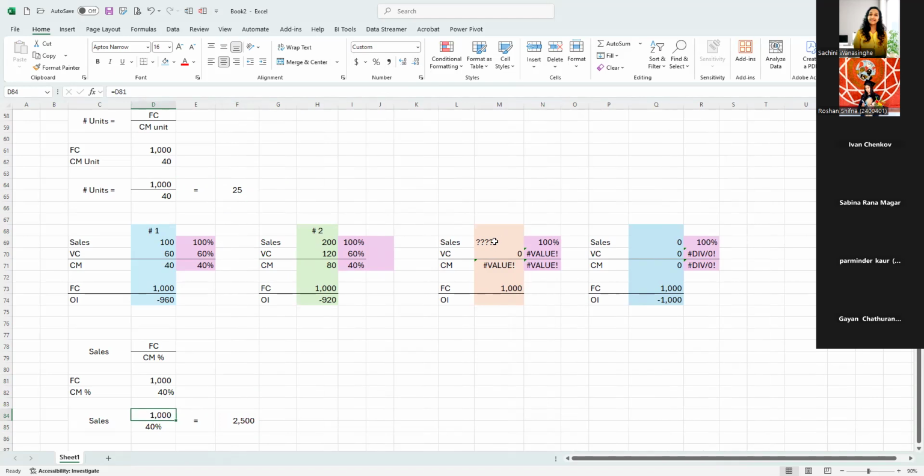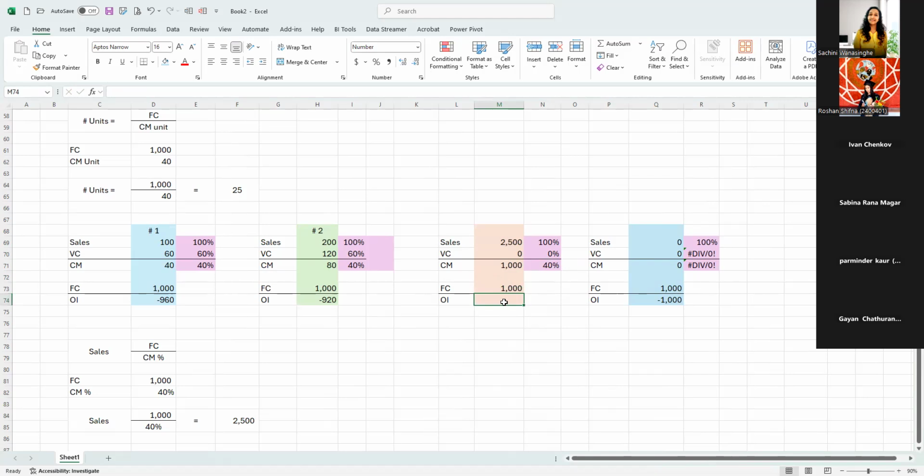So let's see. If my sales are $2,500, what else do I know? I know that my contribution margin ratio is 40%. How much will be my contribution margin now? 2,500 times 40%, that's $1,000.